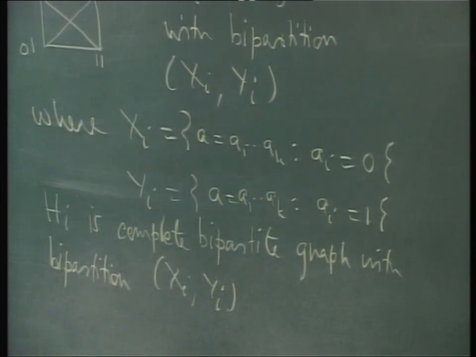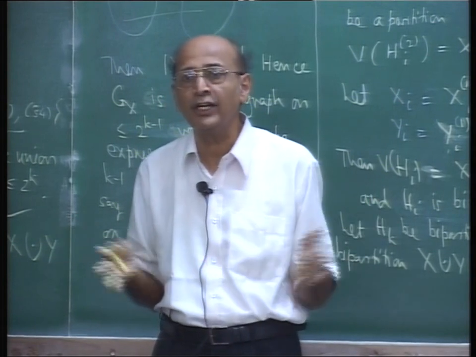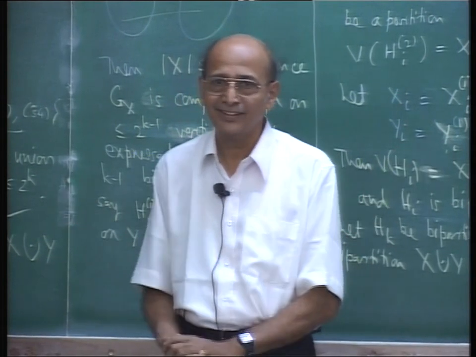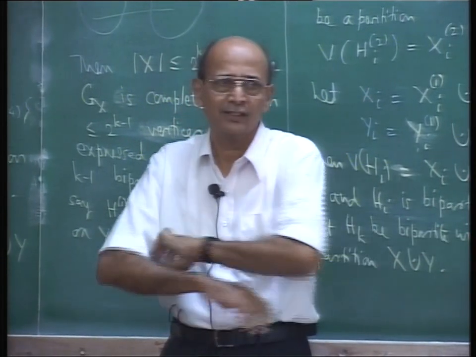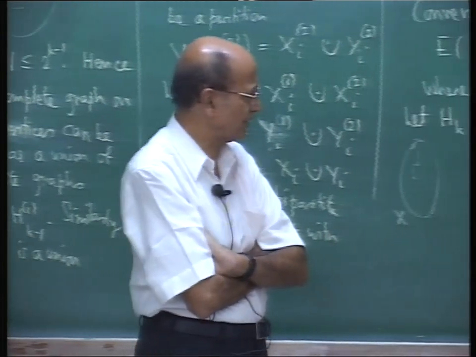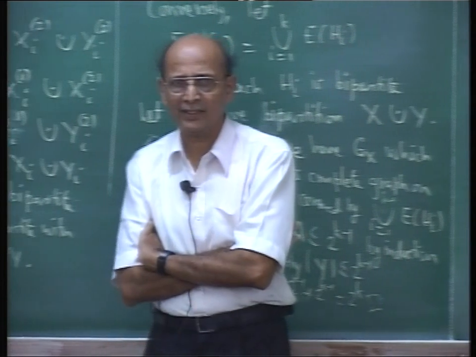This will take care of all possible edges clearly, because if two vertices are different, then they differ at least on one coordinate. In worst case, they may differ only on one coordinate. Then they will belong to only one hi. If they differ at 3 coordinates, then they will actually belong to 3 different his. That's okay. That edge will belong to 3 different his. But this will completely cover, that's clear. Exhaust all the edges. This is a good idea. Okay, using binary tuples is a good idea.